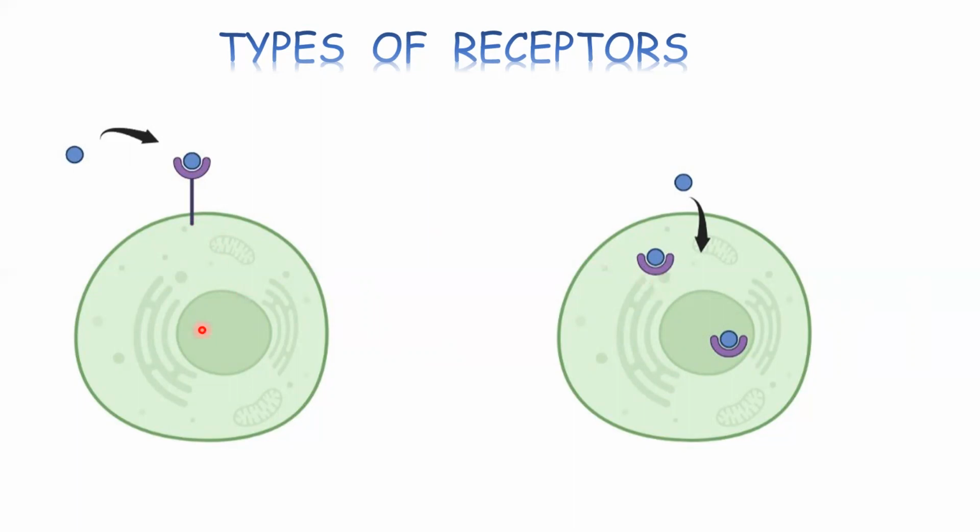This is the major difference: types of receptors based on location. The function is the same: to catch a ligand and then keep on transducing signals inside the cell. What differs is the location of the receptor.